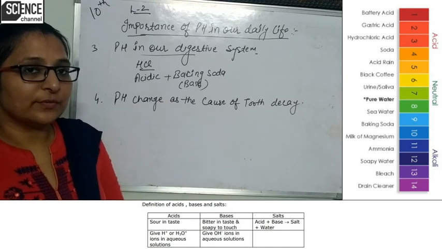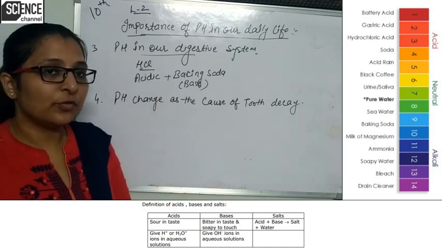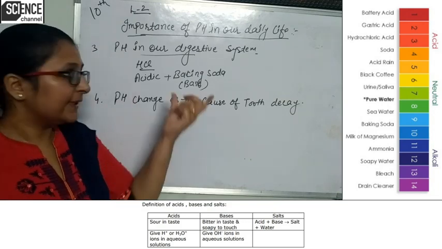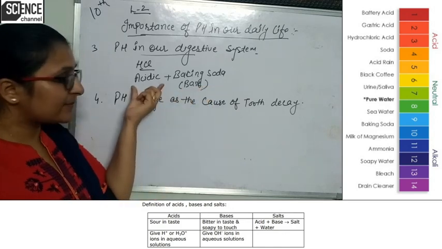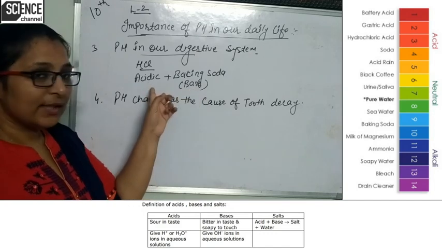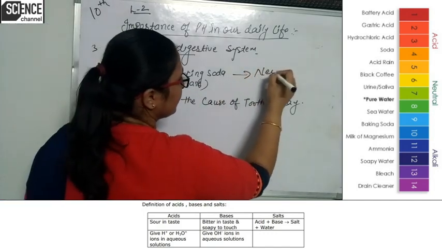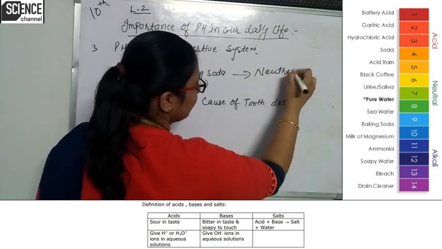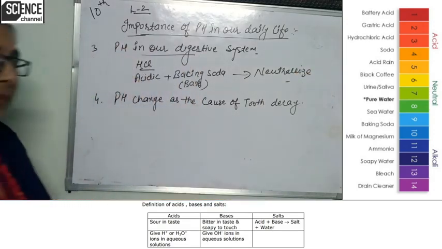Why does this happen? This happens because of overeating. And what should we do? We should take a small amount of baking soda. When our stomach becomes more acidic, we should use baking soda, which is of a basic nature, that will neutralize the effect formed in our stomach.